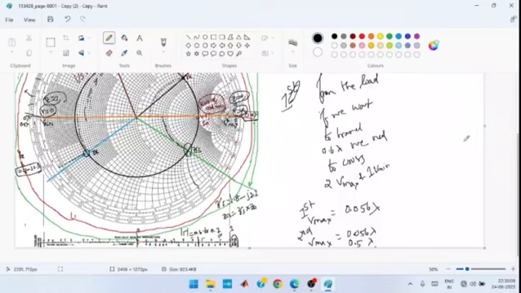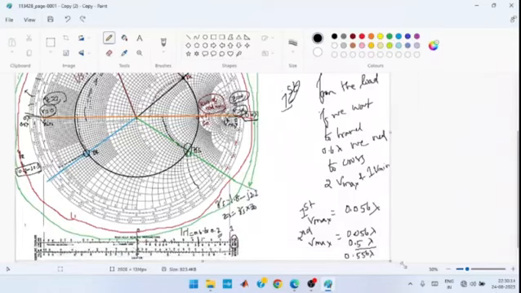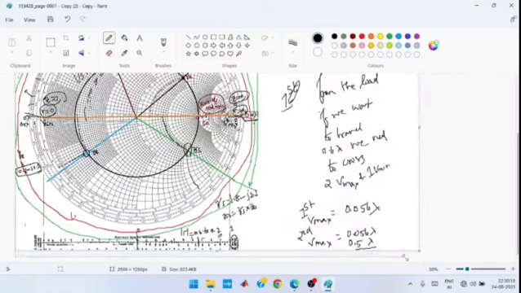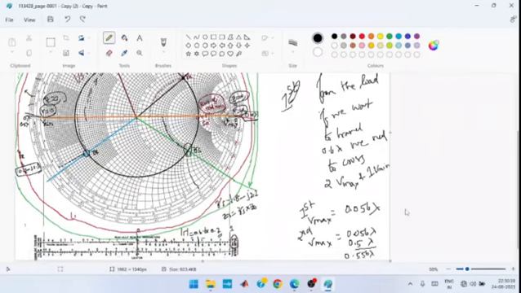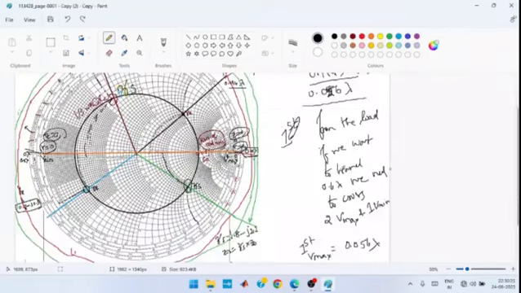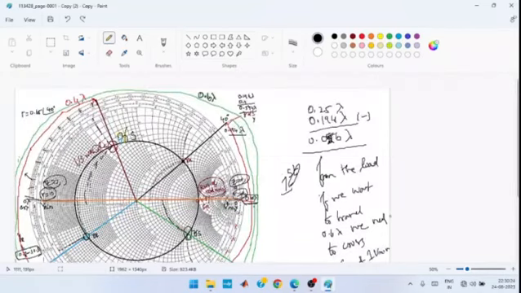What about V min? Any guesses? The location is already from here to here; the value is 0.056 lambda. From this, if you want to reach the minimum position, how many lambda do we need to travel? One semicircle.